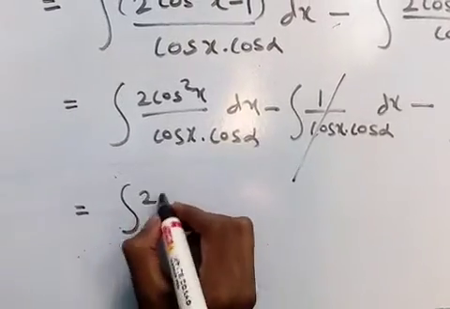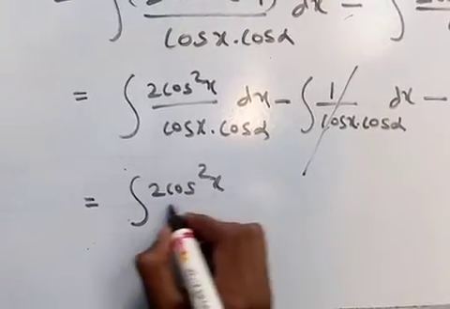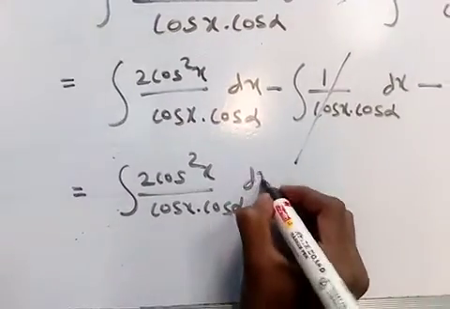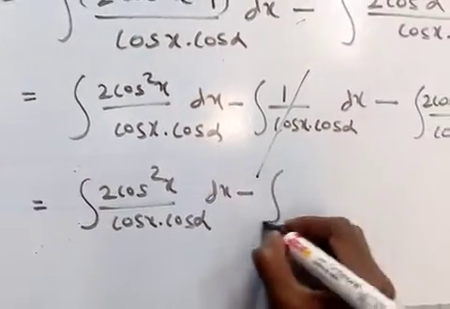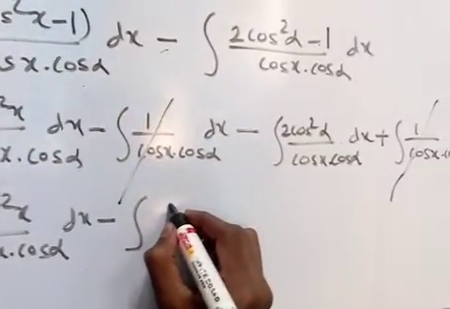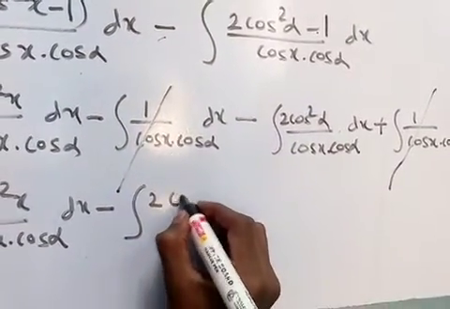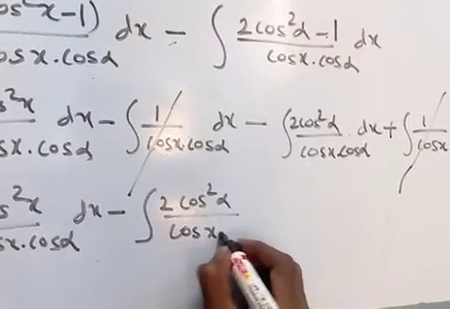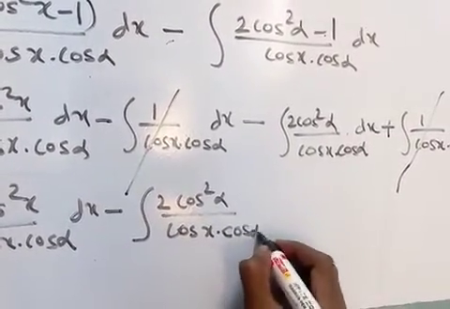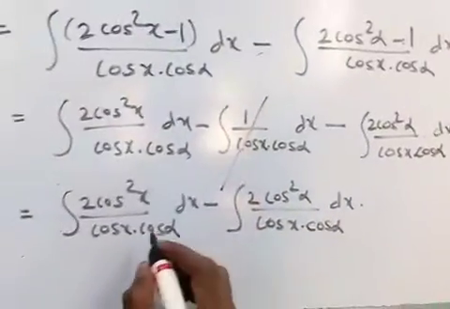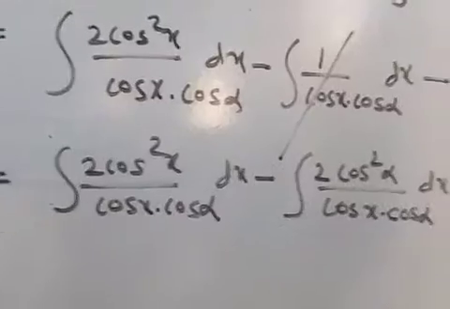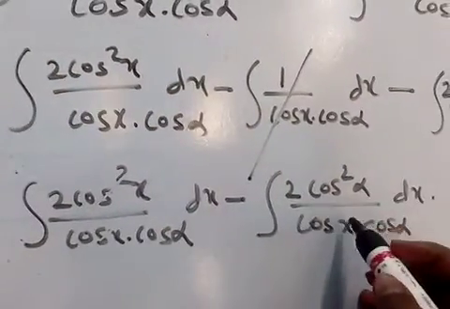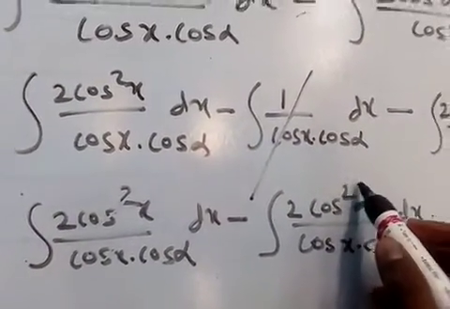So the remaining terms will be the integration of 2 cos square x upon (cos x into cos alpha) dx minus the integration of 2 cos square alpha upon (cos x into cos alpha) dx. This cos x will get cancelled with this cos x, and this cos alpha will get cancelled with this cos alpha.